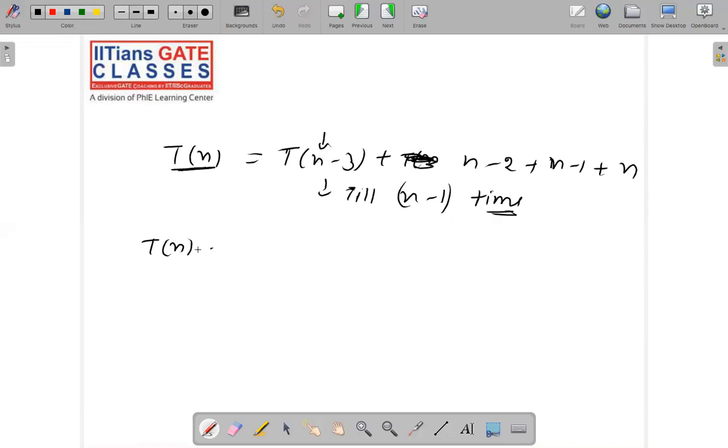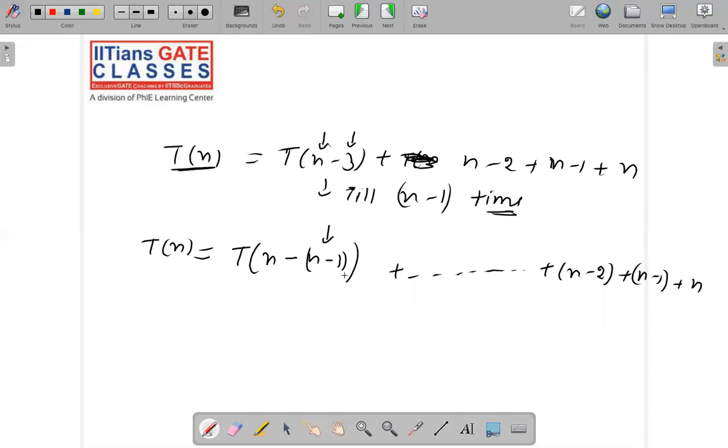So it will be T(n-(n-1)). Each time we iterate, this value will increase by 1. So if we iterated n-1 times, the value here will be n-1. And we have gone like this: (n-2) + (n-1) + n.